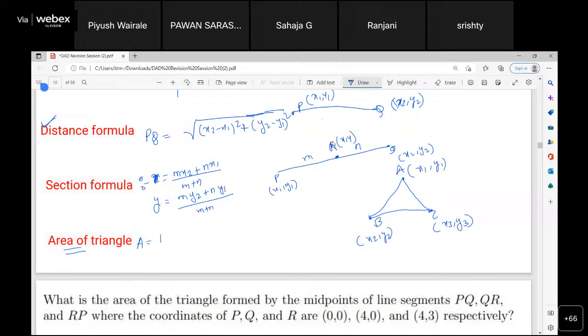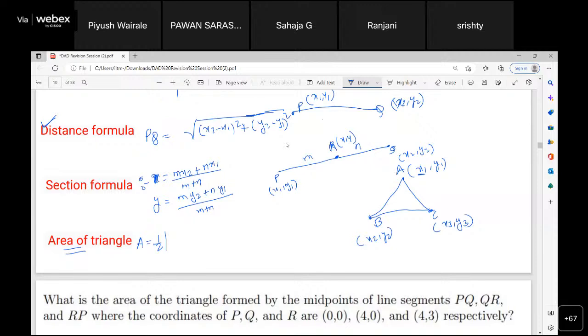So what is the formula? Yes, anyone? It is 1 by 2 in the mod, since area is always positive. You have to fix the first 3 points, which one will be x1, x2 and x3.